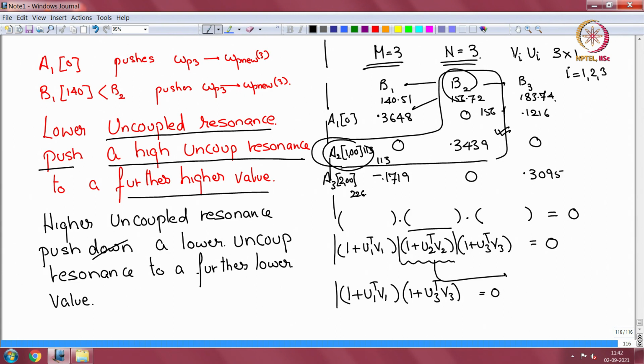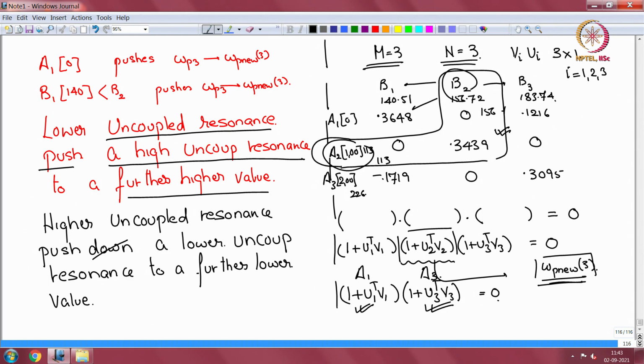Okay, any one of the values can be set to 0. So now you will see that this is related to first acoustic mode, the A1 mode. This is related to A3 acoustic mode. Okay, now suppose you are trying to find B3 nu, or omega p nu of 3. Okay, now that can be found either using the first term, because that can be set to 0, or this term which can be set to 0. So there are two ways you can find this omega p nu 3.